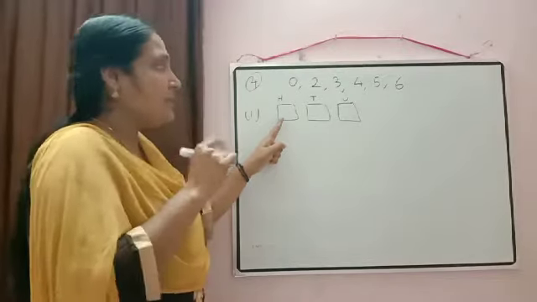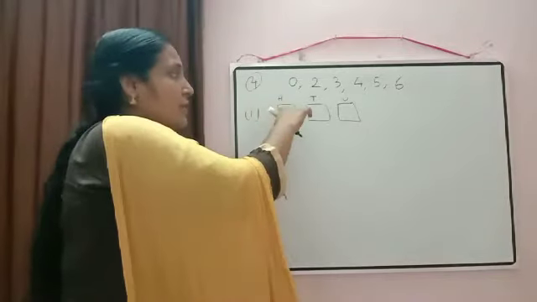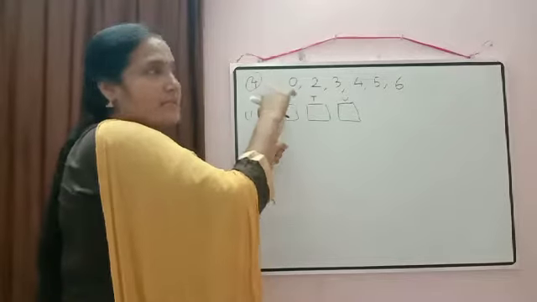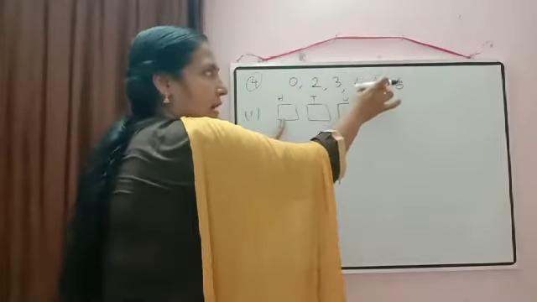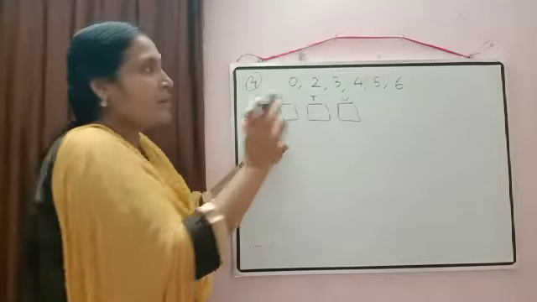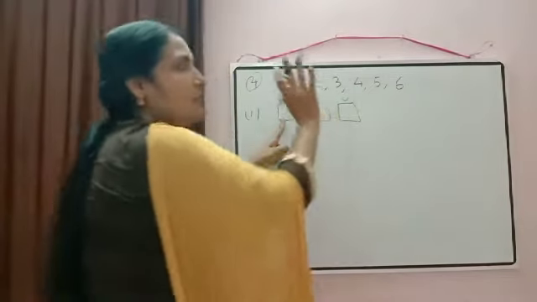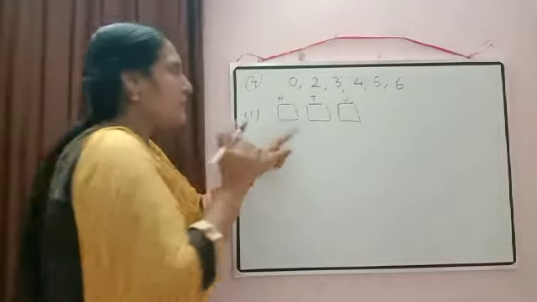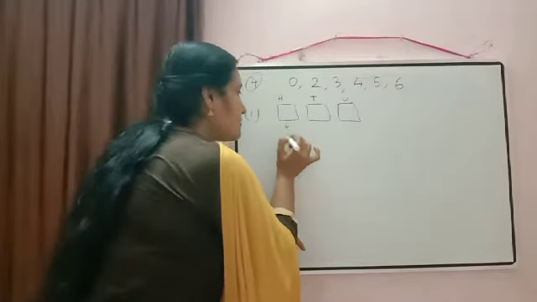So how many options are available to fill the hundreds place? Either 6 can come, 5, 4, 3, 2. 0 will not come. Correct? So we have 5 options available for the hundreds place.